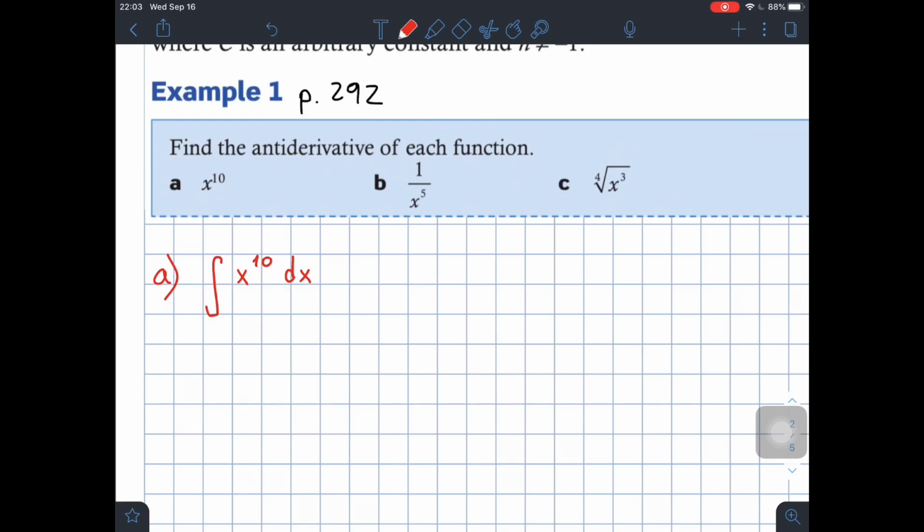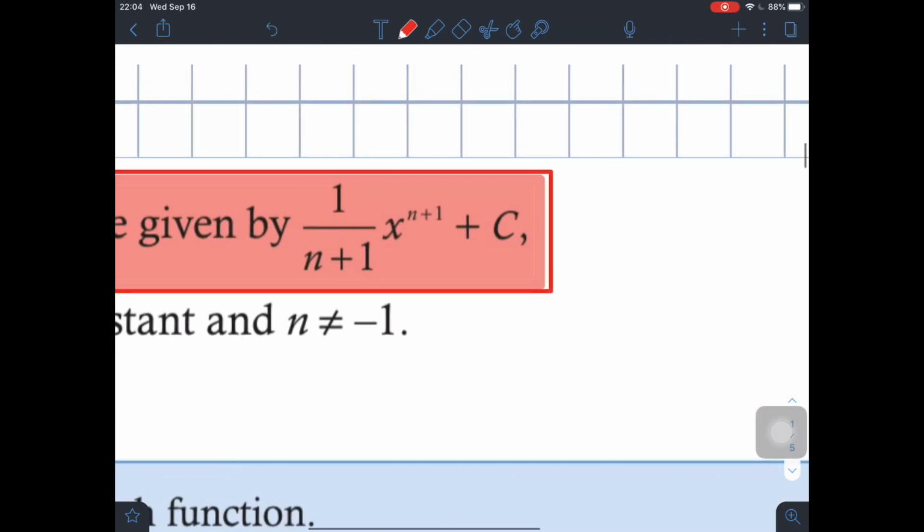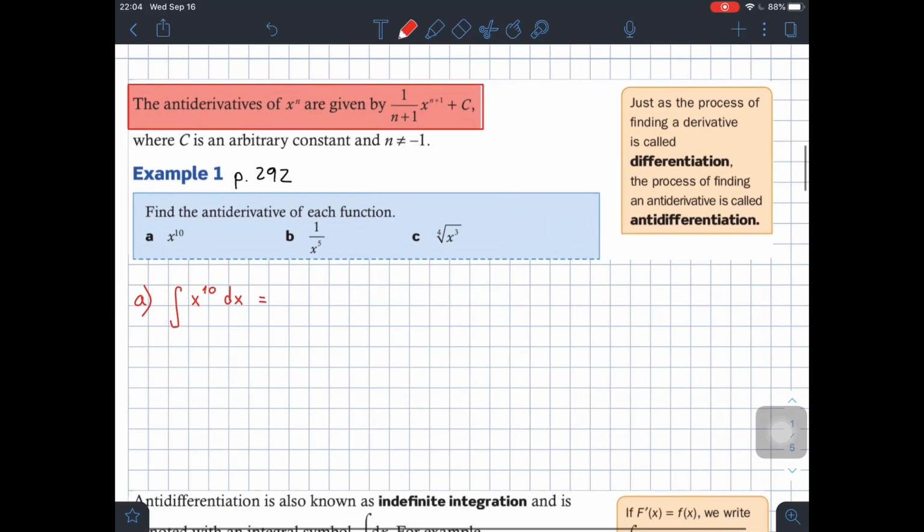And how do we find this? Well, we need to follow the rule. The rule says that I need to, in this case, increase the exponent by 1, which is the opposite of what we did before, which was decrease the exponent by 1. And then I need to divide by that new exponent, opposite to the derivative where we multiplied by the exponent. Now we're dividing by our new exponent and we are increasing the exponent by 1. Okay, so that's the rule for integrating.